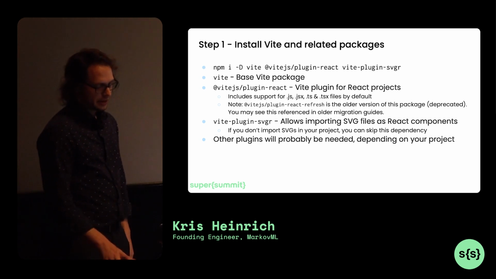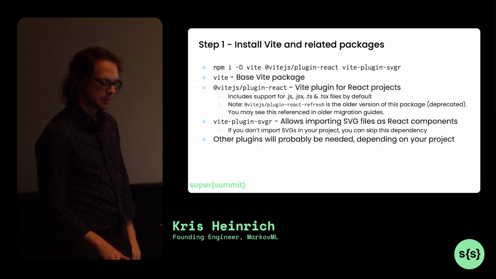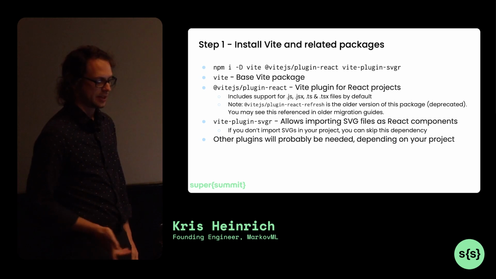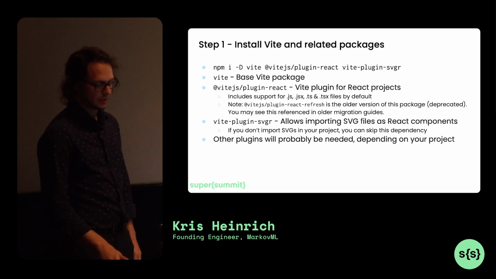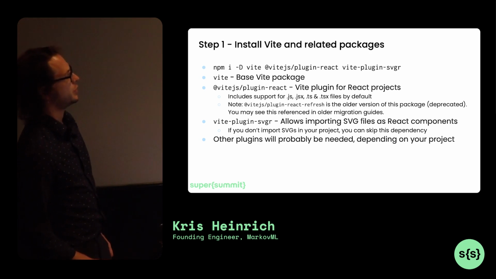Again, Vite is the base package. The React plugin gives compatibility with React, because Vite isn't React specific. Out of the box, you get support for JS, JSX, as well as TypeScript and TSX files. If you're looking at other migration guides, you might come across this other library called plugin React Refresh. That's the old version that's been deprecated. So just keep an eye out for that.